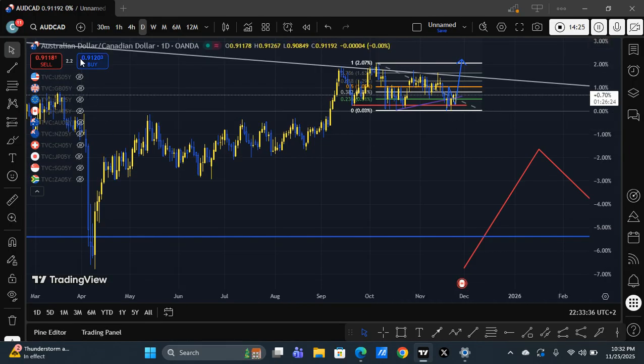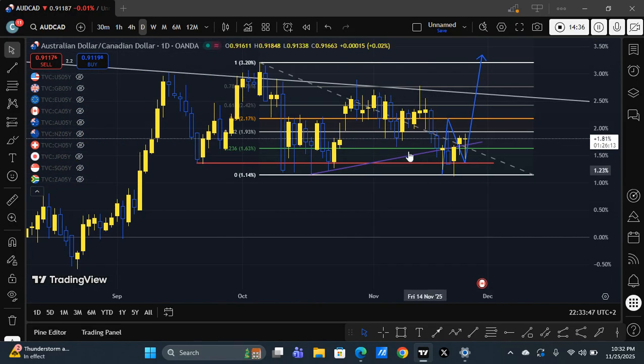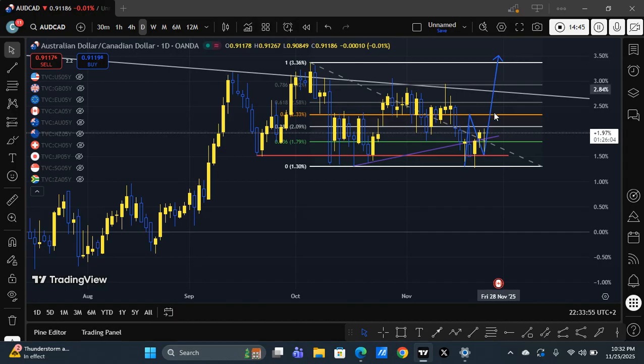The Australian dollar holds interest rates and the CAD cuts interest rates for November. That is a monetary policy divergence. This is the reason why I was telling you on the previous episodes that your RSI is working against you. This price will break above this high, even though it looks overbought.